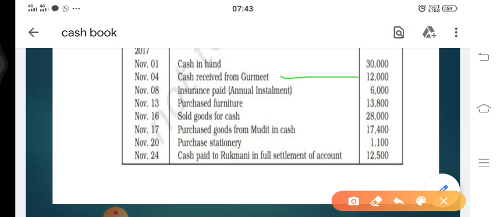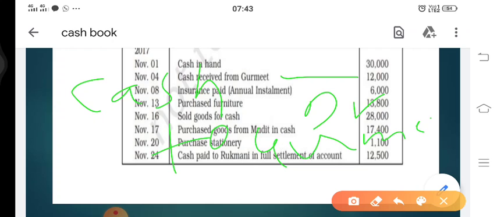Since we have received cash, cash is coming into the business, so cash account debit, and since we received it from Gurmeet, to Gurmeet credit, 12,000. If you make it in ledger form, you can see that cash has been debited. So going to the cash account, that is our cash book, we will write To Gurmeet's account.